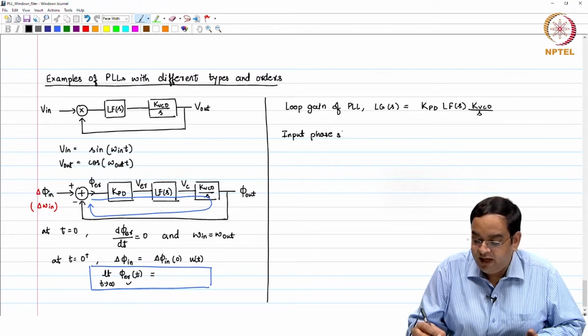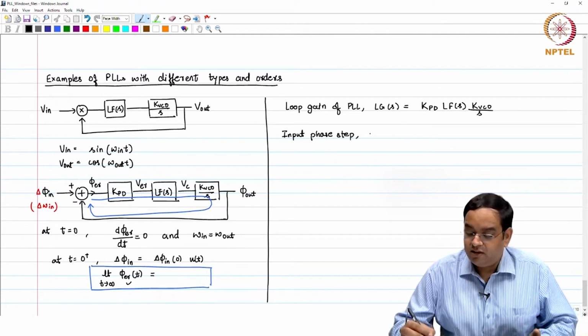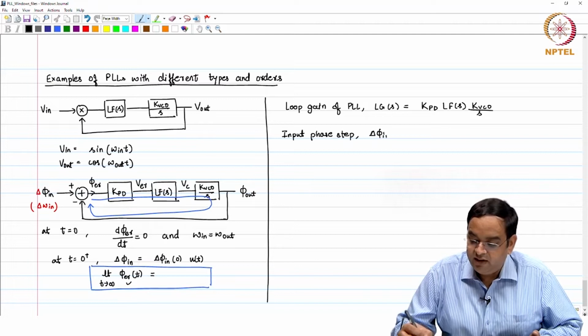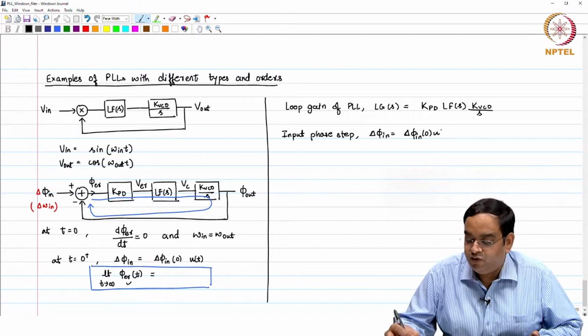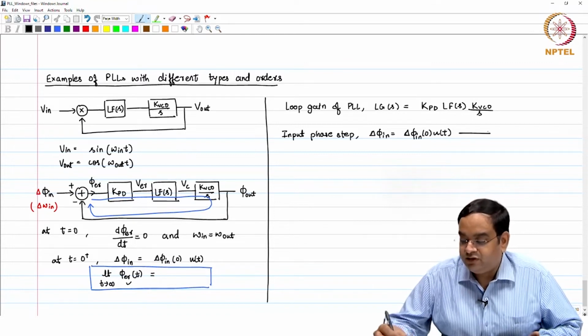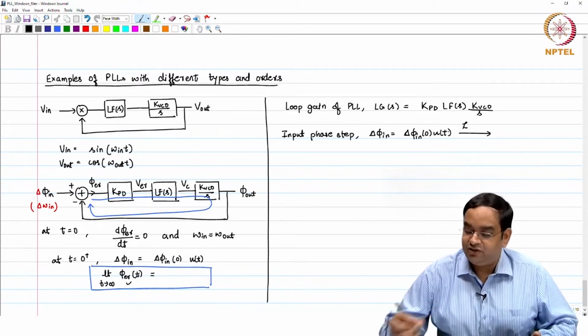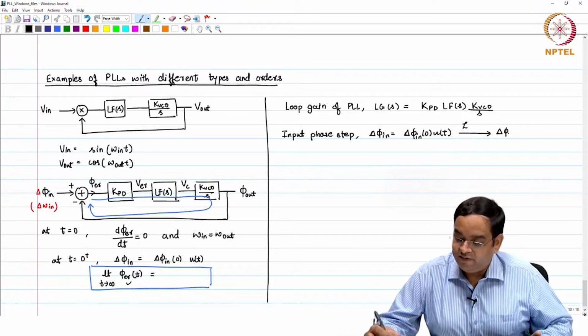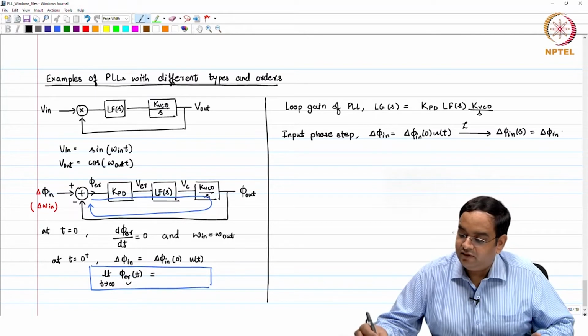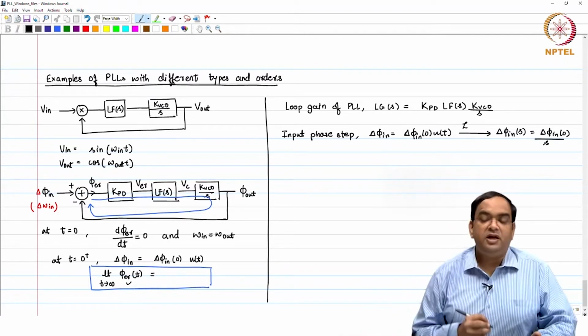So, delta phi in is given as delta phi in 0 times u of t. In the Laplace domain, you have delta phi in of S given by delta phi in 0 by S. This is for the step input.